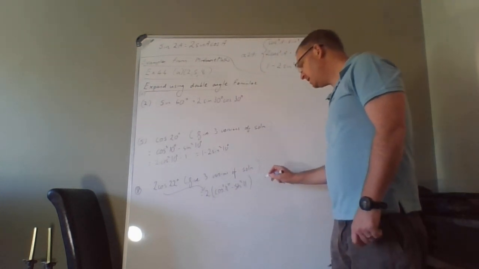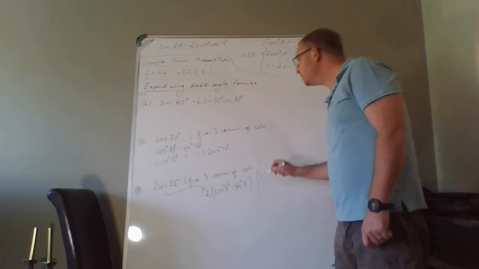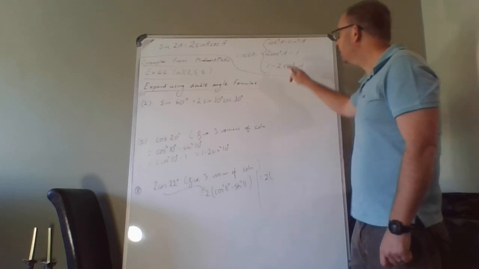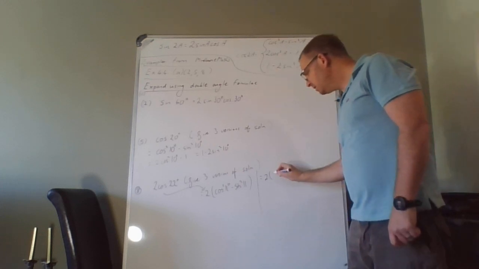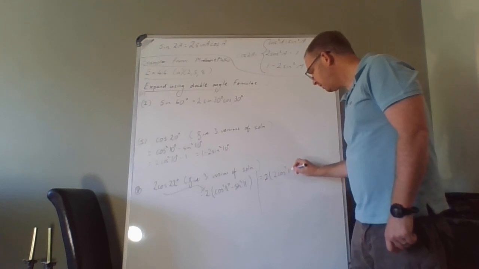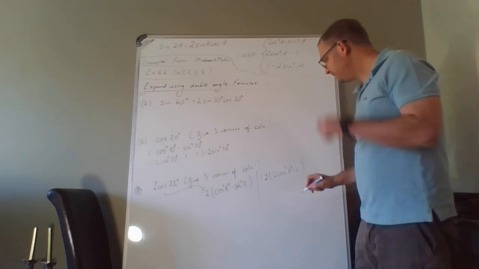Right, and likewise, we could say that it's equal to, keep the 2 outside again. We could also have chosen 2 times cos squared half of that angle minus 1.